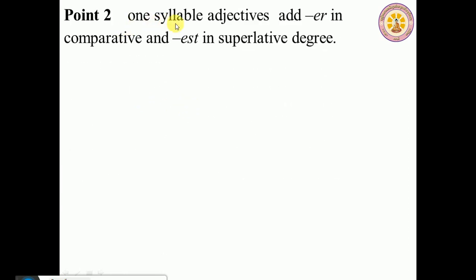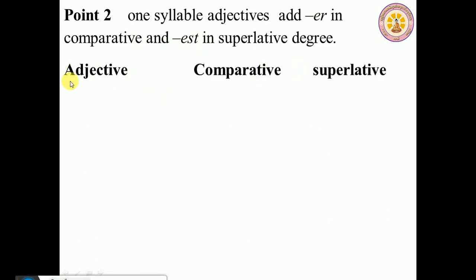Okay, point two: for one-syllable adjectives, add -er in the comparative and -est in the superlative, as you know already. For short adjectives, we use -er in the comparative degree, and we use -est at the end in the superlative degree. Example here, there are three degrees of adjectives, right? This is the positive degree, this is the comparative degree, and this is the superlative degree.